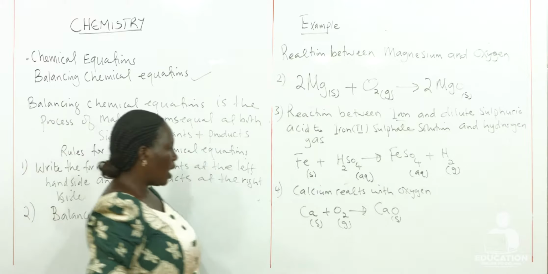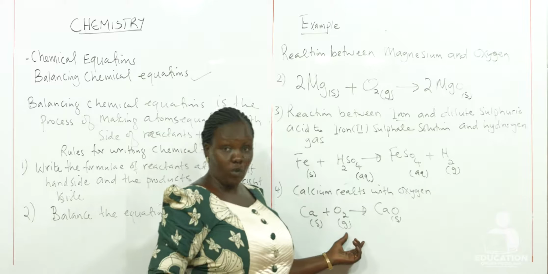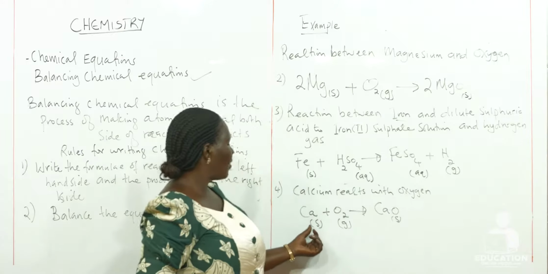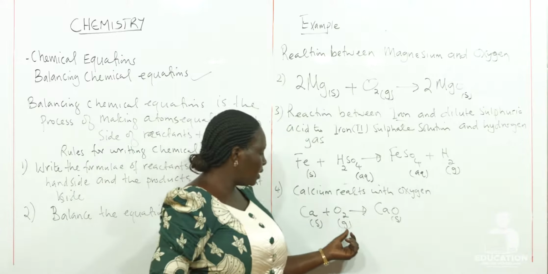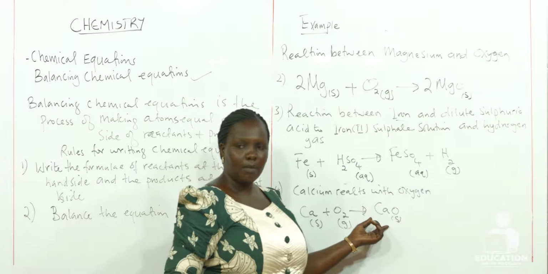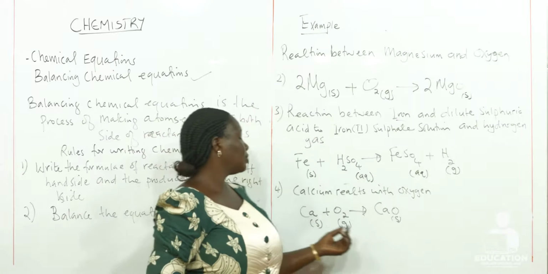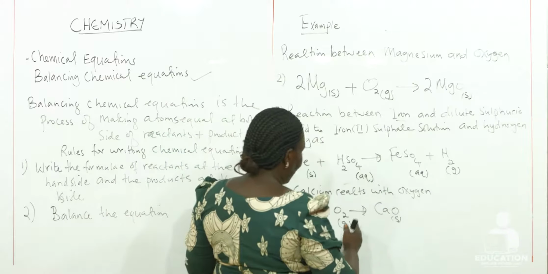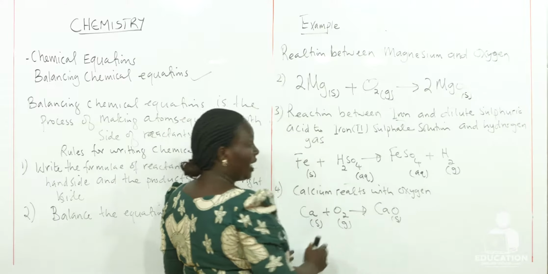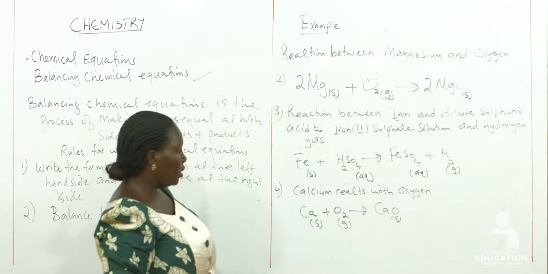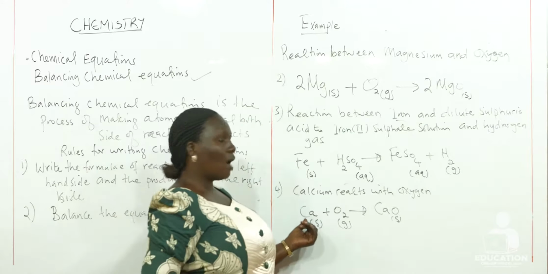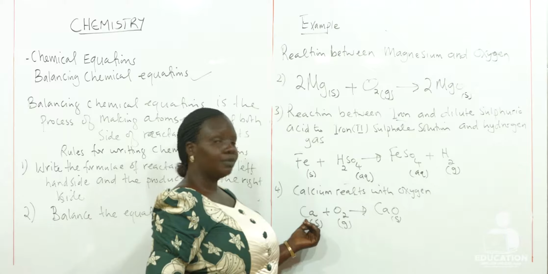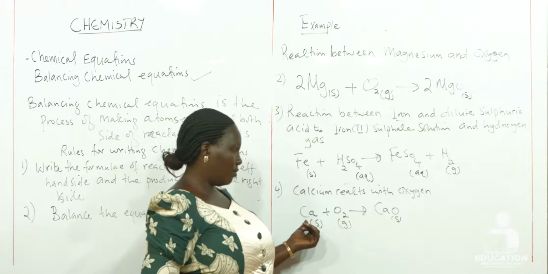So, how can we balance this equation? We have calcium plus oxygen giving us calcium oxide. If we want to balance, we look at the reactants first. So we have 1 atom of calcium at the left hand side.